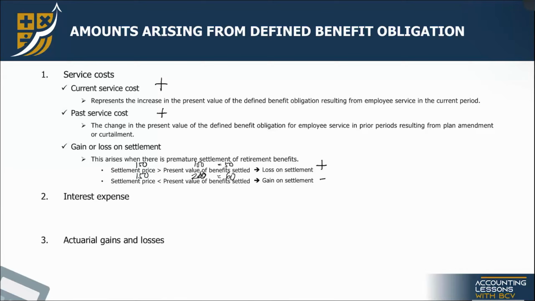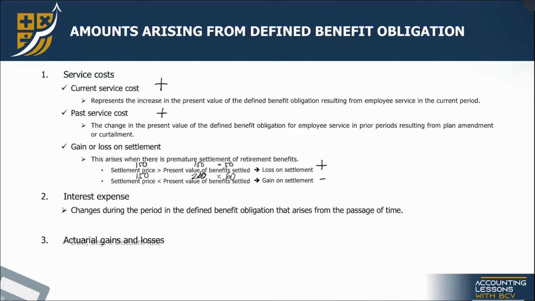Yes? Okay. Let's proceed to the second amount, which is the interest expense. Interest expense represents changes during the period in the defined benefit obligation that arises from passage of time. So when we talk of interest, ang interest kasi nag-a-accrue lang yan through passage of time. No? So how do we compute for interest expense?